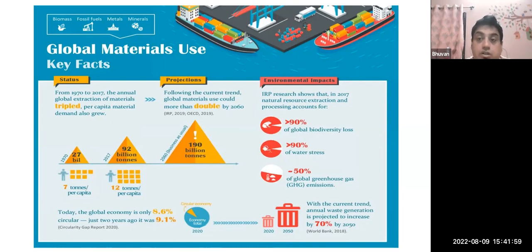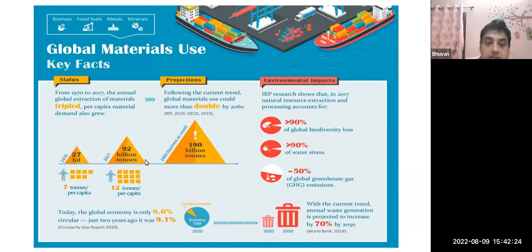If we talk about how the mining and extraction of various materials and their demand is impacting the environment, then we can see that 90% of the global biodiversity loss is because of these. There is 90% of the water stress, and more than 50% of the global greenhouse gas emissions are because of this.